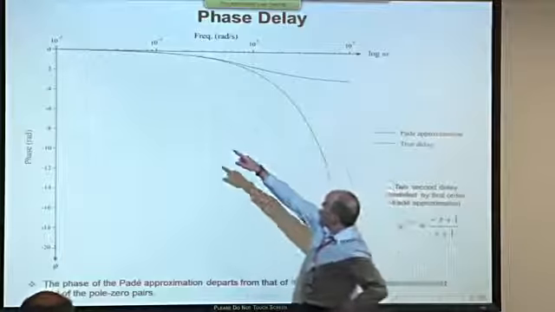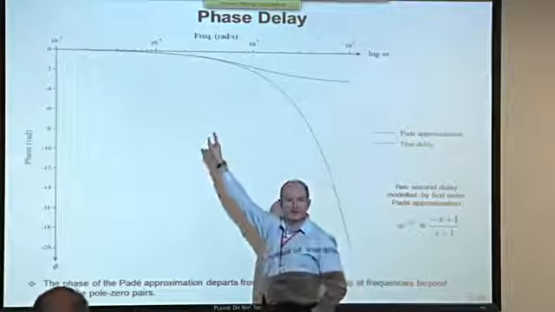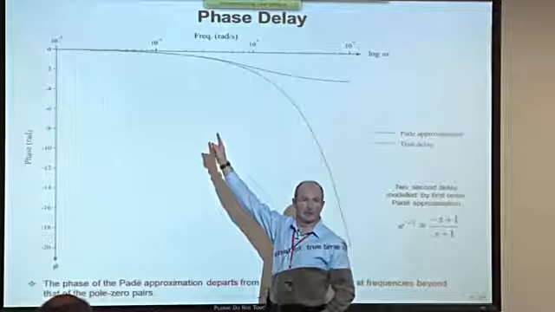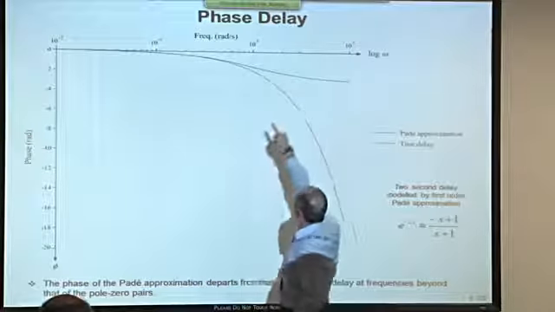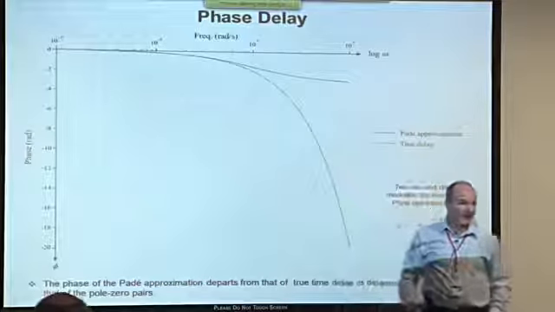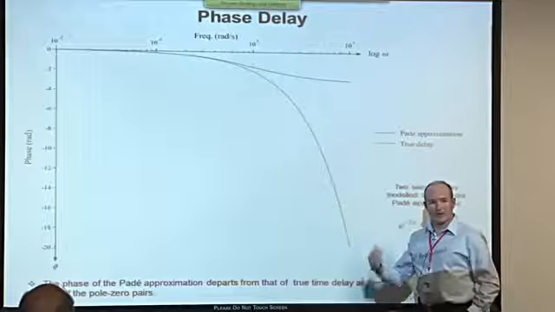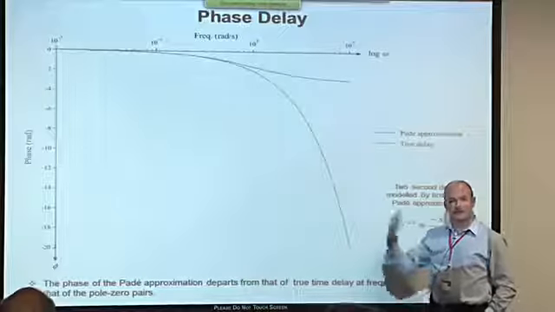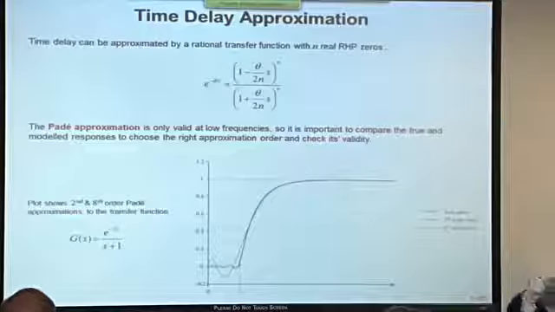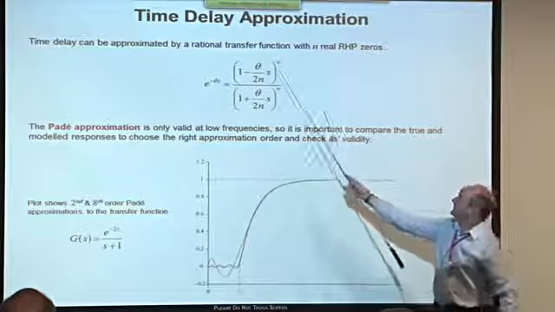It stays pretty close to it until you get to the frequency of the pole-zero pair that you applied in the approximation. And then there's a departure because it levels out. That blue line levels out. So what does high mean? High frequency means any frequency beyond the frequency of the pole-zero pair in the Padé approximation, which is the frequency theta divided by 2n.